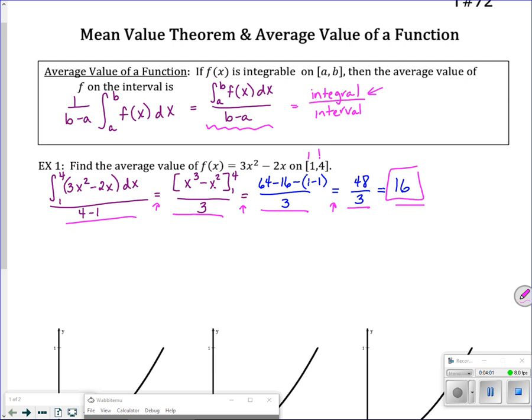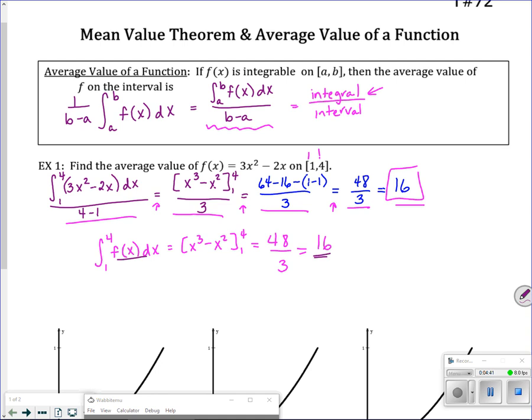But what a lot of people do is they write, okay, let me get this integral, and they show that, dot, dot, dot, and they get down and they go, okay, that's going to be this, from 1 to 4, and then they show the work, and they get down to 48, and then they go, oh, sweet, divided by 3 equals 16. And they write it like that. Well, all of those things are not equal because this integral is not equal to 16. So you've got to make sure if you're putting equals, equals, equals, they all have to be equal.